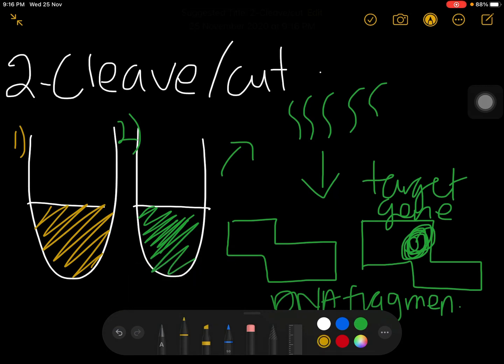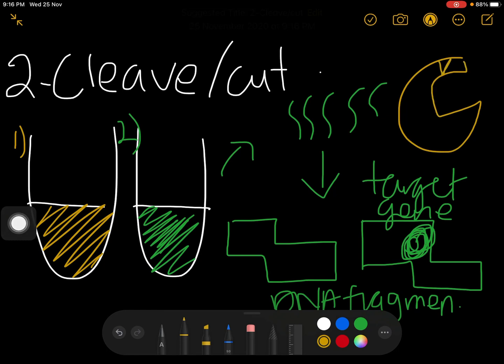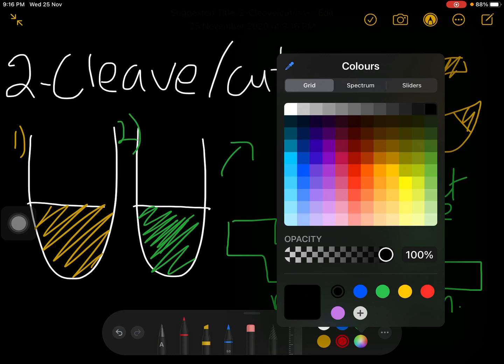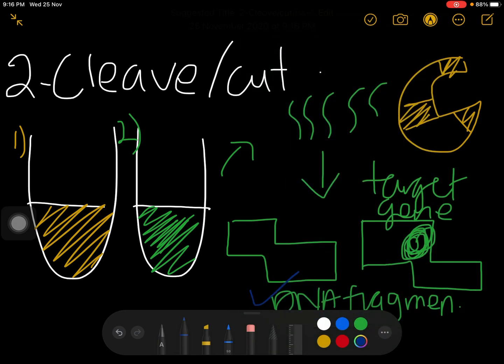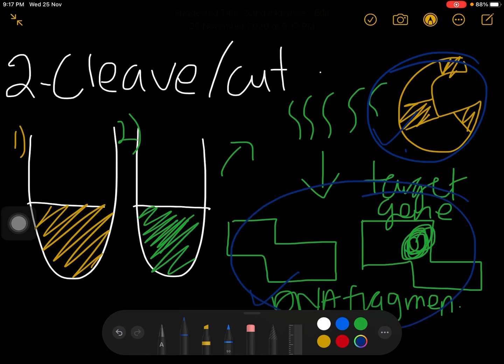So as a result, we will get this target gene, or DNA fragment, and also the open plasmid. We will get 1 molecule of plasmid and many molecules of DNA fragment.